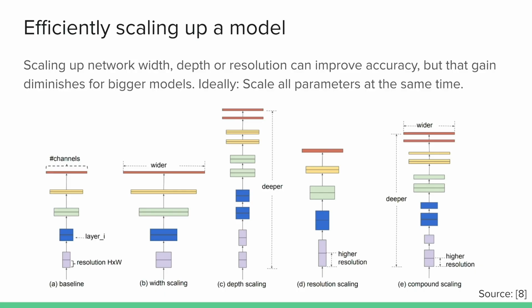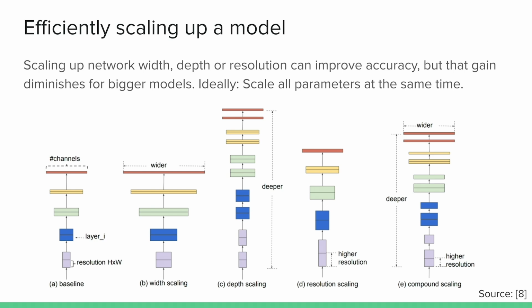Another thing when we're talking about the model is, how do we actually increase capacity? So we can increase the capacity, for example, by scaling the model up. We can add more features. We can add more layers, or we could actually increase the input resolution of our data.